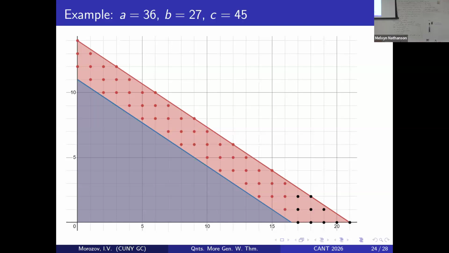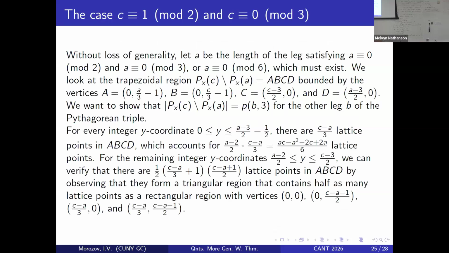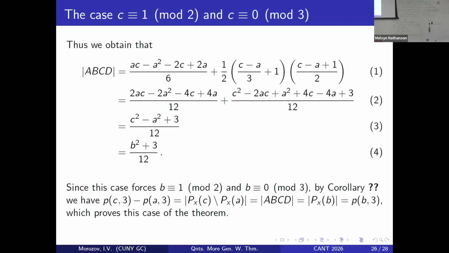But otherwise, this is as simple as doing 3 times 15 or 3 times 16 for the parallelogram region, and the triangular region is half of another parallelogram region. So it's just a geometric argument for this. And that's how it looks, and the remaining cases are in similar fashion.